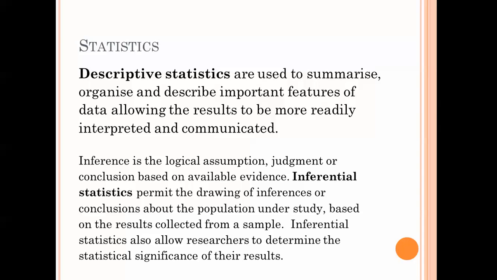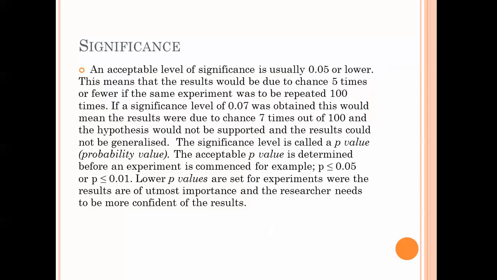So in other words, if the research was repeated 100 times, 95 of those times we would get the exact same results. If a significance level of 0.07 is obtained, or 0.06 or 0.08, this is too high and basically the results are not valid.